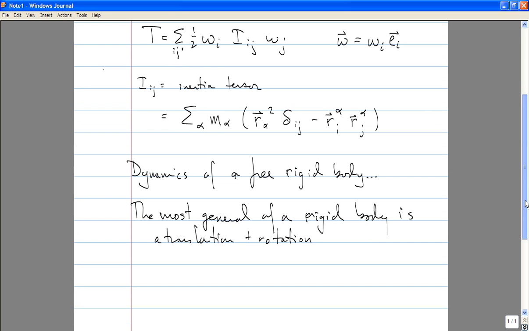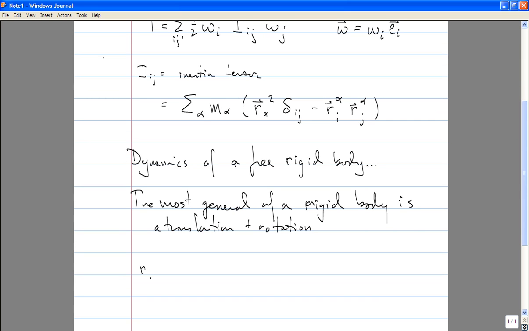So if we let R alpha denote the position of, is there a mistake somewhere? The most general motion, sorry. Yeah, the motion is silent in this expression. Thank you. The most general motion of a rigid body is a translation plus a rotation.